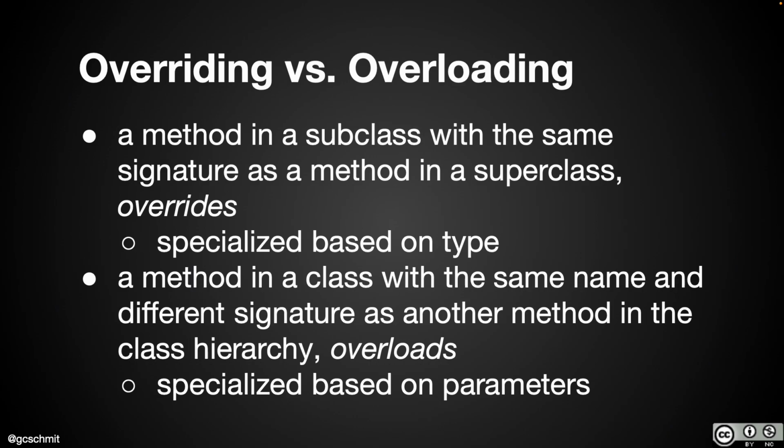When there are multiple methods in a class, whether it's subclasses, superclasses, anything, and they have the same name, but they have a different number or type of parameters, then we're overloading. We have multiple methods that exist all at the same time, and which one gets called depends on the parameters we pass. A good example of that is the picture constructor that we've been using. You can pass a string, which is the name of the image file to load, or you can pass two ints, which is the height and the width, right? So we'd say that the picture constructor is overloaded. We have two different ways of calling the same thing. All right.